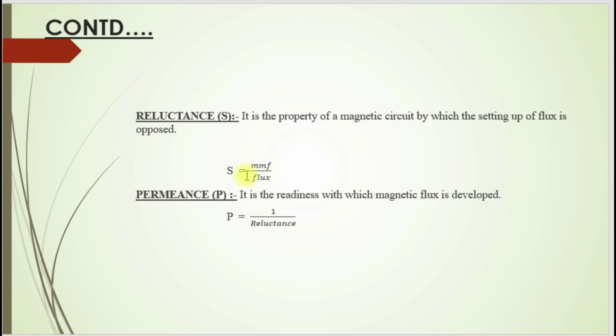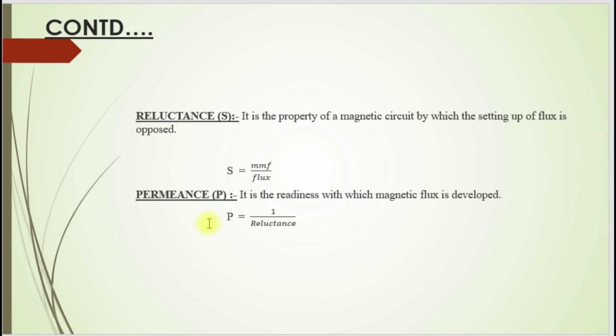This reluctance can also be represented in terms of permeability by S is equal to L divided by A mu. Here mu can be replaced by mu 0 mu r. So S also has the equation L divided by A mu 0 mu r. Then permeance.